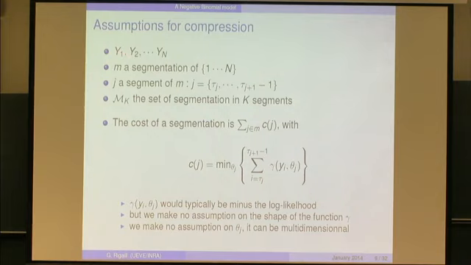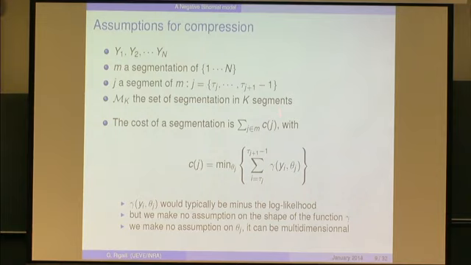So we still consider that we have some data, whatever they might be, integers or whatever. We're still looking for a segmentation going from 1 to n, and we want to find some change points, tau j and tau j plus 1, and we're looking at some segmentation in k segments. And what is really important here is the shape of the function that you want to minimize.